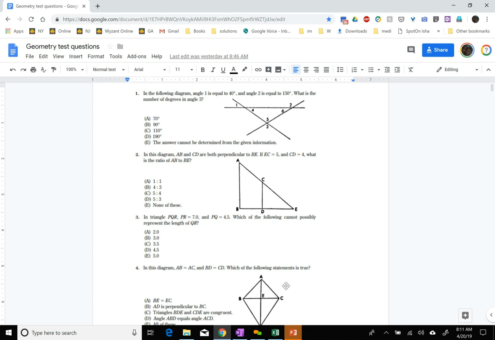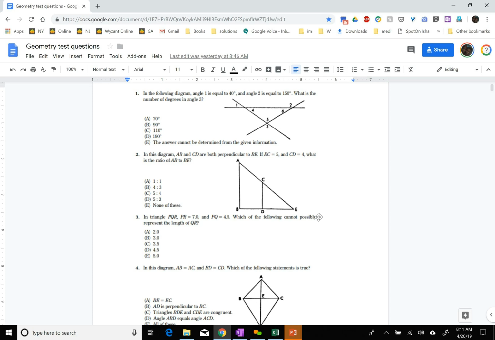Well, no. You don't need to say 180 minus 40. Angle 1 is 40, so automatically angle 4, a vertical angle, is equal. 1 and 4 are equal. All the vertical angles are equal.